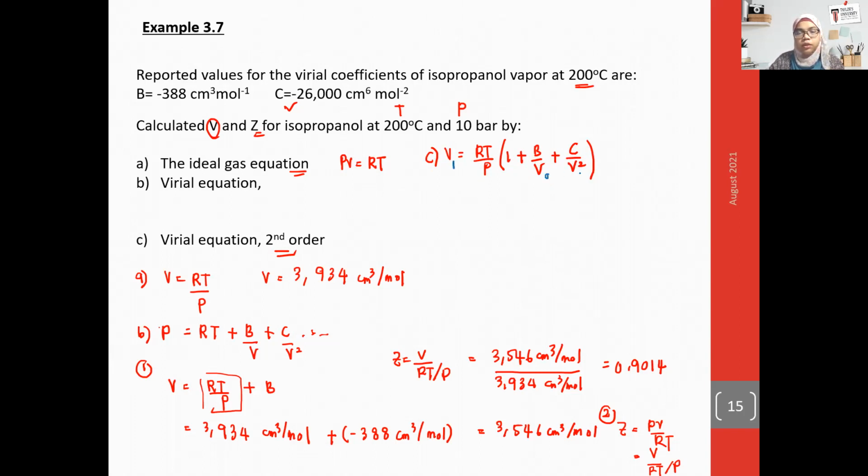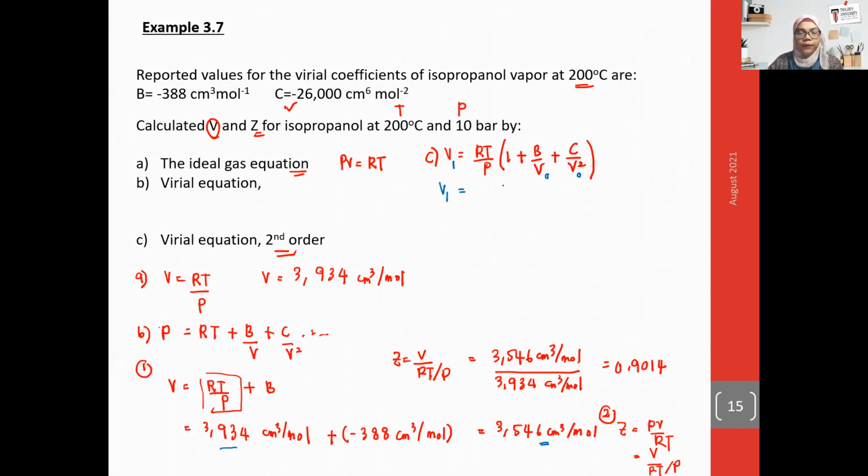So this turns to V naught, right? To obtain the value of V1 here, we need to assume the V naught here. So you may start with this value. So we have the V1 here equal to RT over P. I just insert this value.